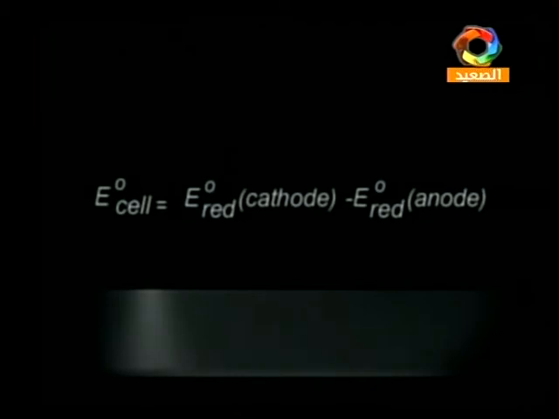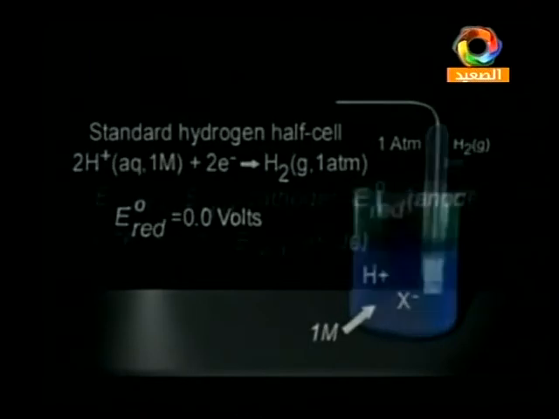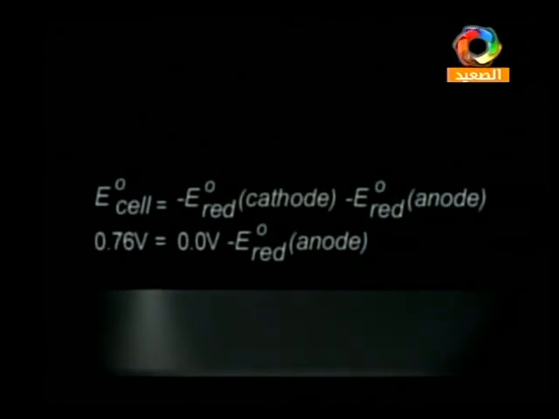Each one is a half cell. So the energy of the cell equals the cathode energy minus the anode energy. Here we have the hydrogen, the first half of this cell, and the second one, we have the E cell here. It's the cathode minus anode.